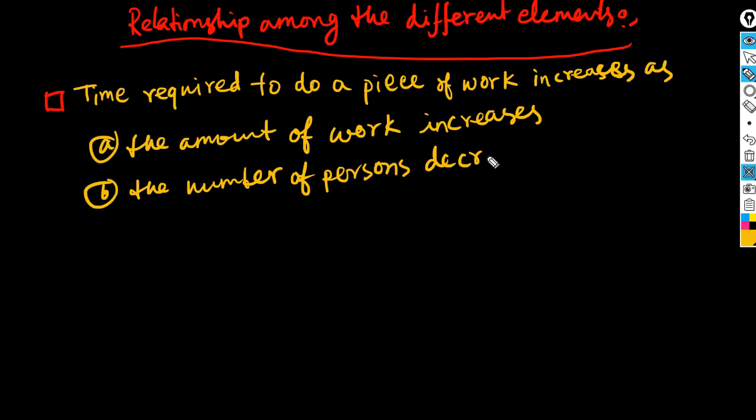That is a very important part when you are solving problems relating to time and work. Work increases and persons decrease.